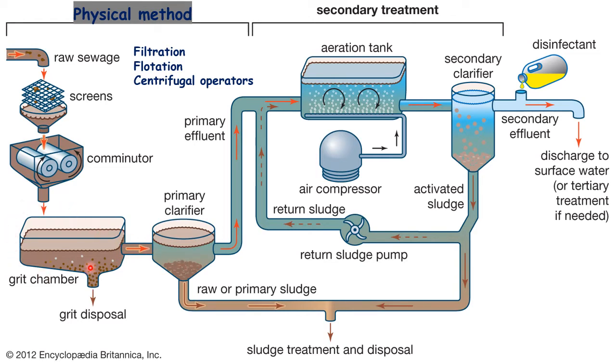Hence it will be filtered here. So the water which contains all the heavy particles including stones, logs, textiles, leaves will be filtered here, and that is what we call the filtration method.